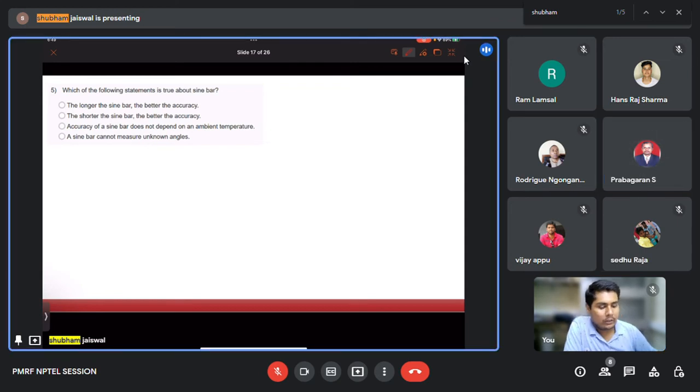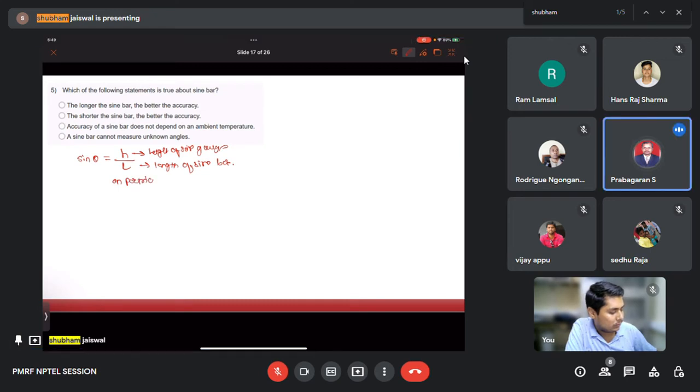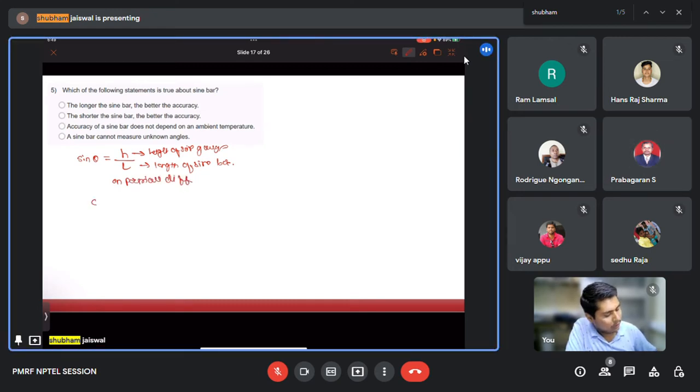So let's see the answer for this question. In a sine bar, sine theta is nothing but h by L, where h is the height of the slip gauge and L is the length of the sine bar. On partial differentiation, we get cos theta d theta equal to (L dh minus h dL) upon L square.